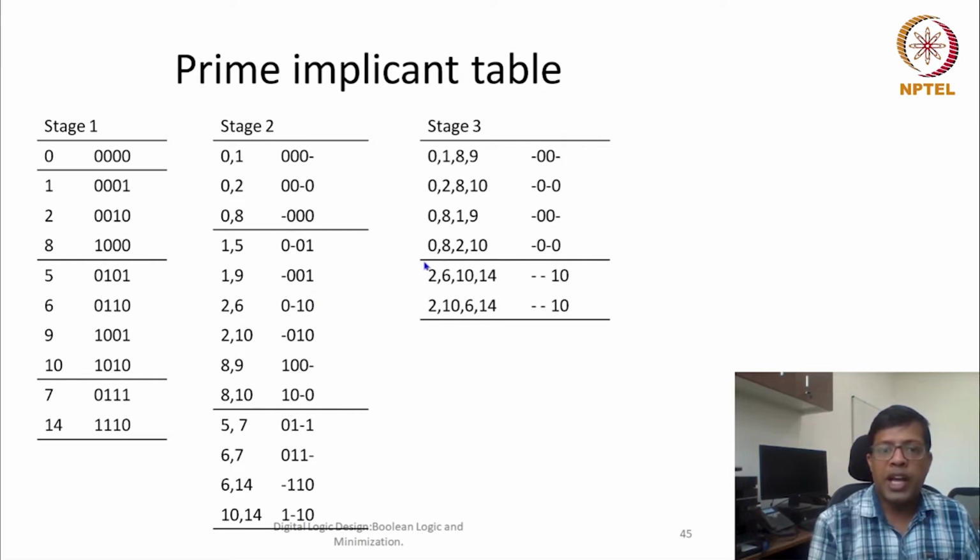It will become dash 0 0 dash. Similarly 0 8 can be combined with 2 10 because dash is appearing at the same place, so it will become dash 0 dash 0.